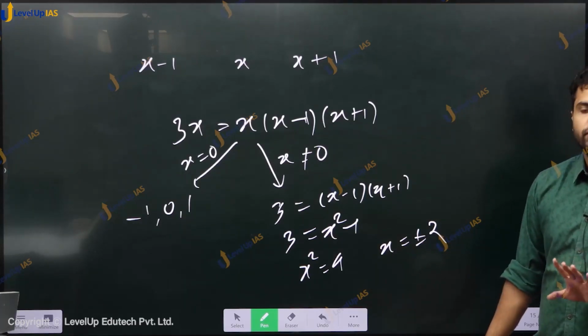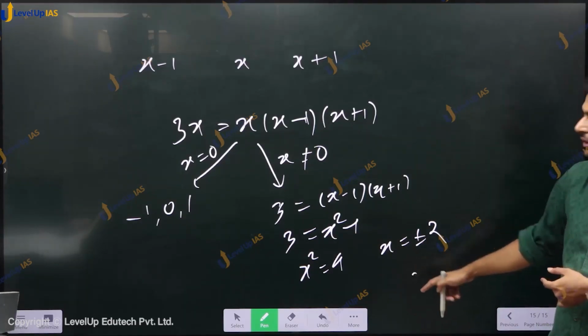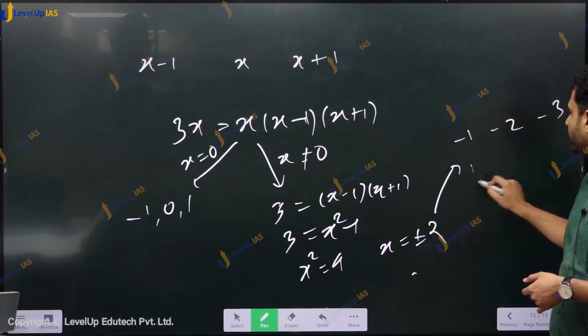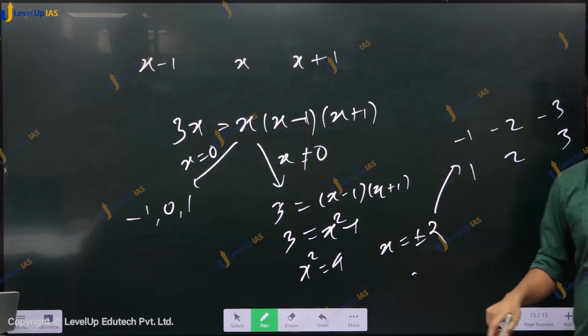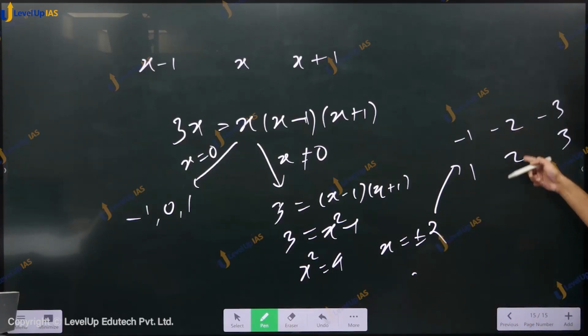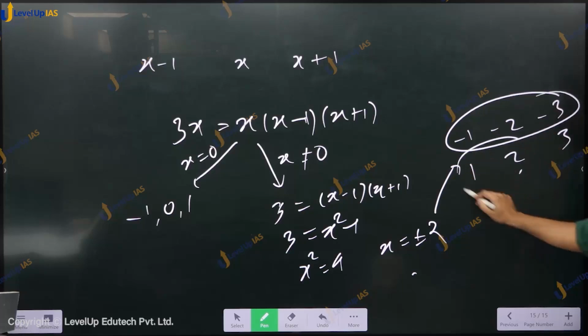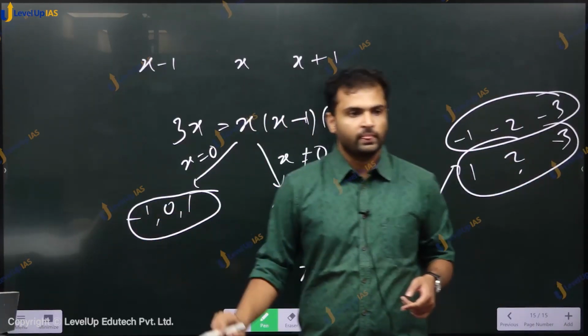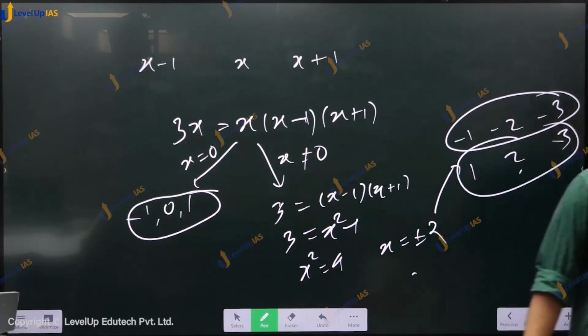We were not talking in natural numbers. That is why we got minus 1, minus 2, minus 3 and 1, 2, 3 as two possible triplets, because x could be minus 2 or x could be 2. So how many such possibilities were there? This is 1, 2 and this was the third possibility. Answer was only 3 possibilities are there.